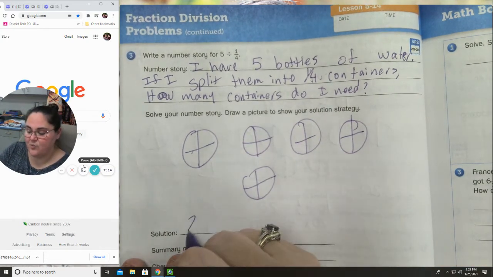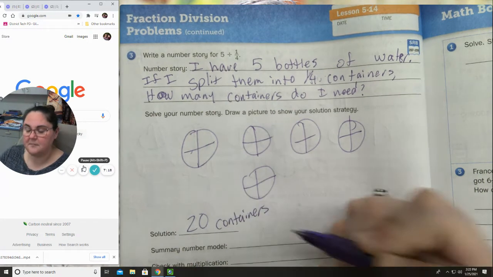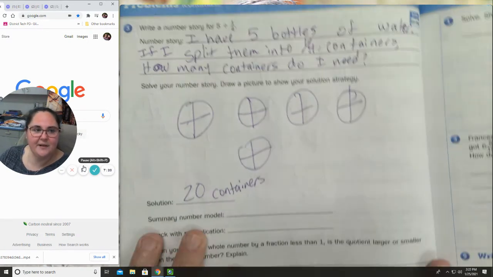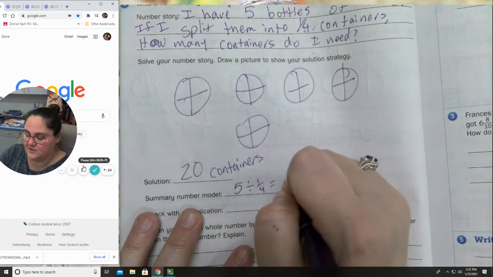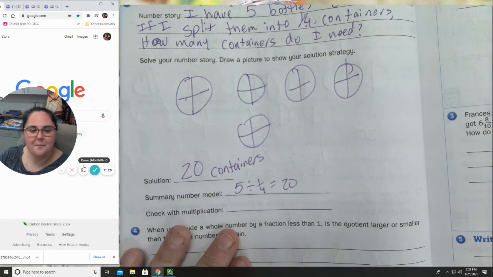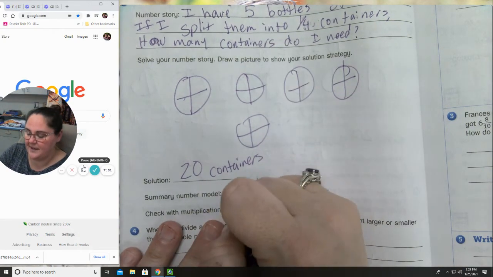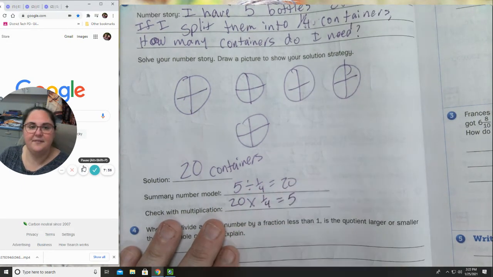That means I have 20 containers. My summary number model would be 5 divided by 1/4 equals 20. My check with multiplication would be 20 times 1/4 equals 5.